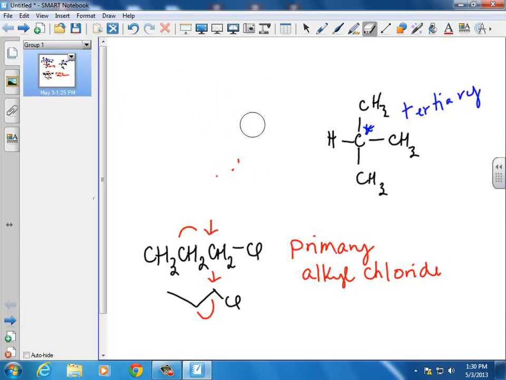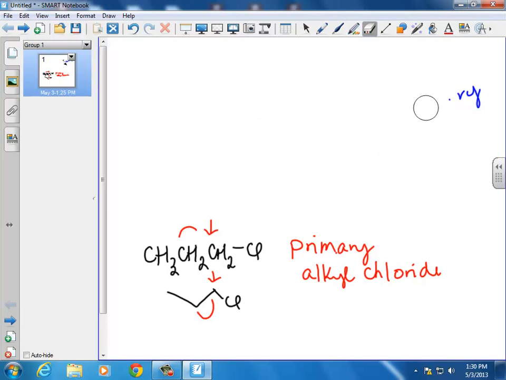So the classifications for halogen, or your alkyl chlorides, your alkyl bromides, alkyl fluorides are the same thing. Okay, same system applies. We'll see with amines it's a little bit different, but with all of your halogens, alkyl chlorides, bromides, fluorides, iodides, same type of classification.